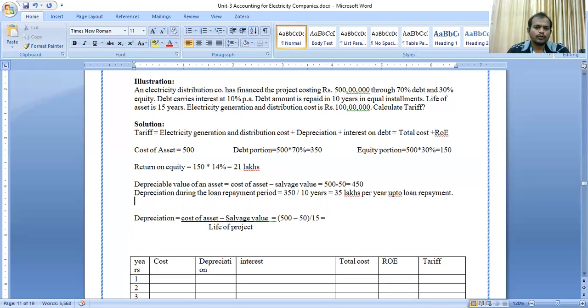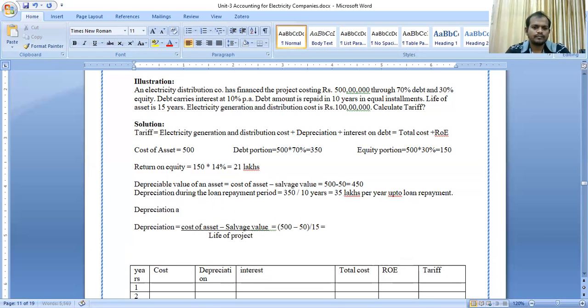So after loan repayment, the remaining portion of a depreciable value of an asset. So the remaining portion, in the sense, out of 450, we have to clear 350 within 10 years. The remaining 100 lakhs, we have to clear it in the rest of the life.